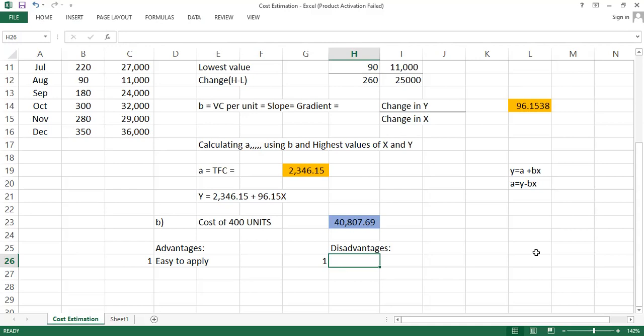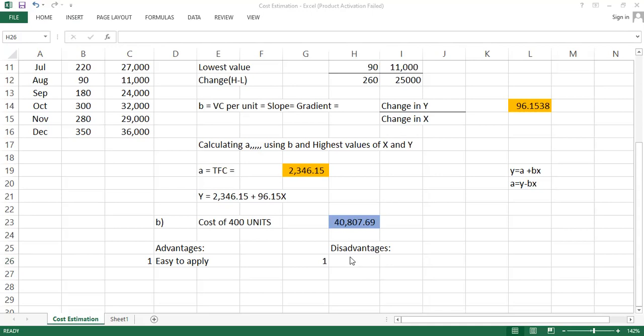Now, Tego says it uses the highest and the lowest values, ignoring other details. Yes, precisely, Tego. It's an approach that is not very accurate, and that is what Lillian also says.